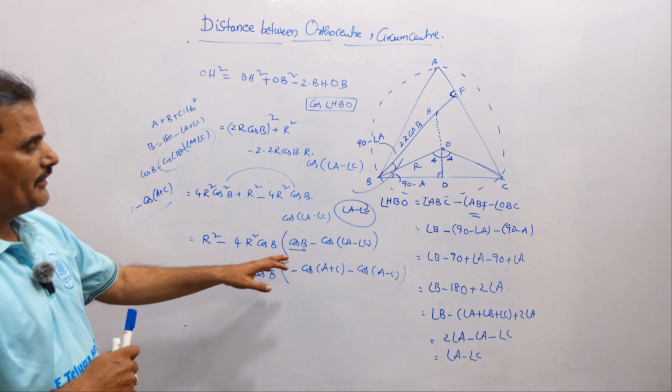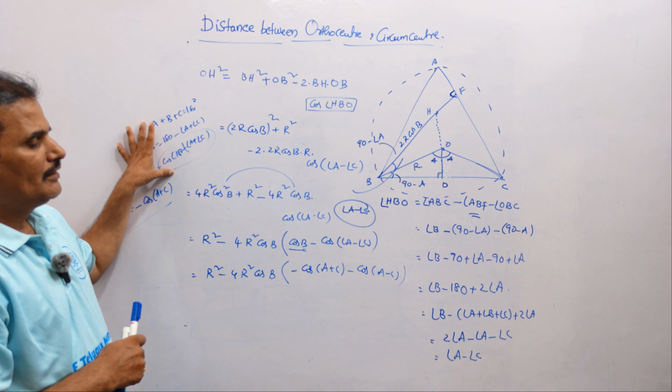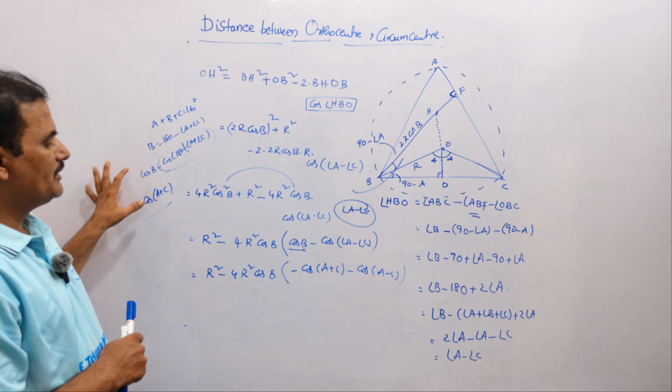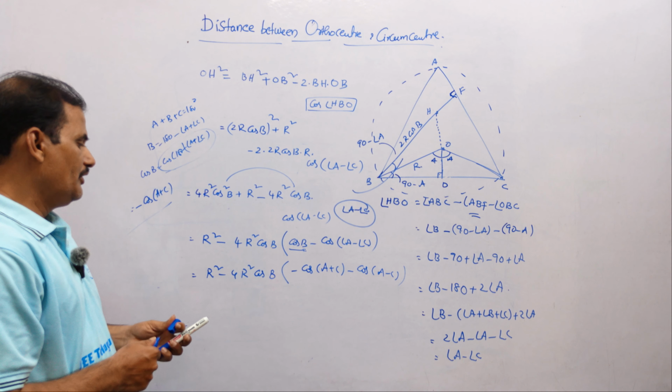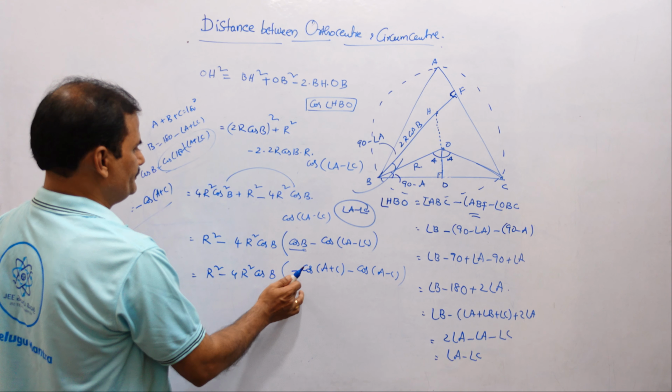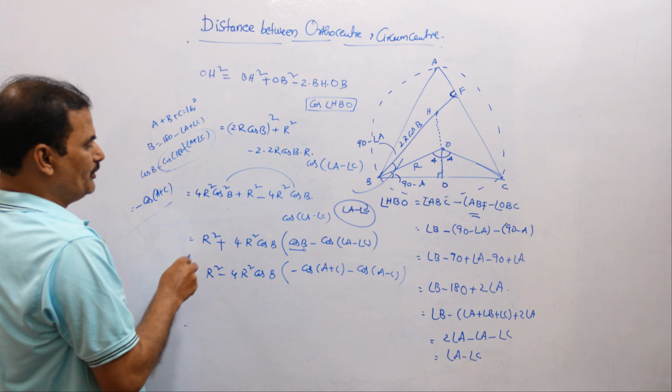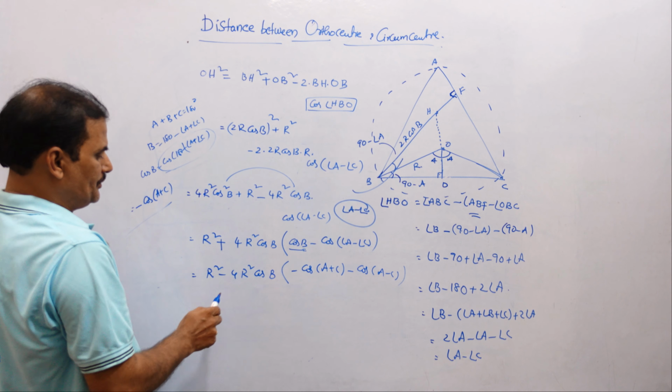See, here you have to find out angle B. From A plus B plus C equal to 180, you can easily write 180 minus A plus C. Now take minus common here, and this is plus only because 4R square cos B is plus.